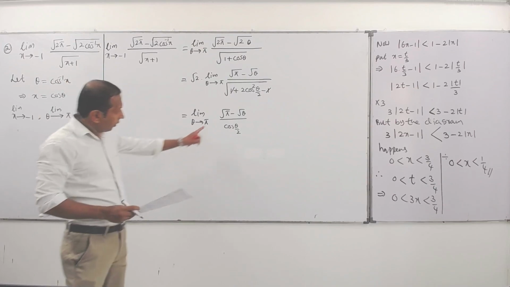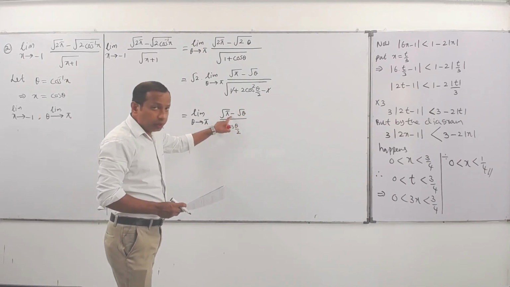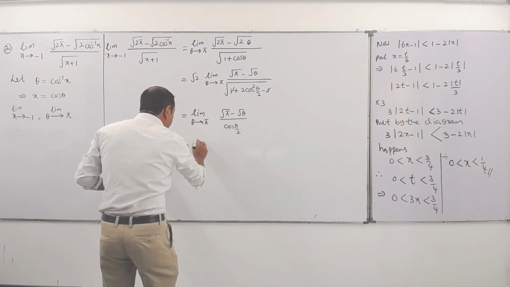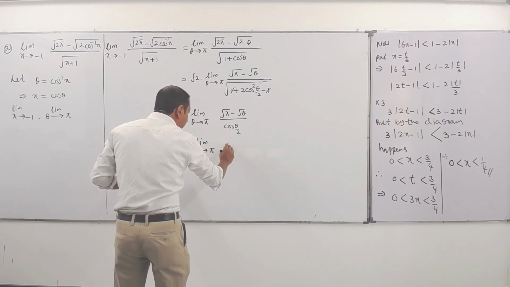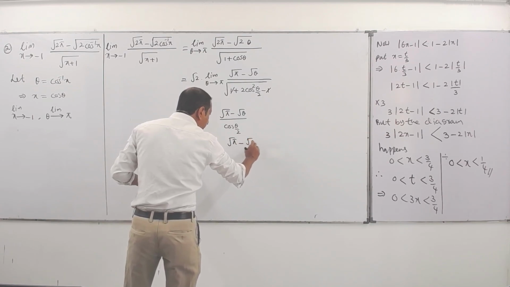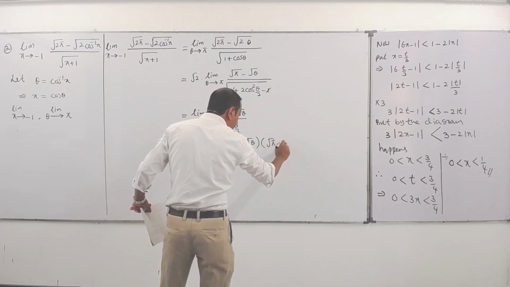Now I multiply numerator and denominator both by the conjugate of this. Meantime, this one I write: theta going to π. Root π minus root theta into its conjugate, root π plus root theta, no?